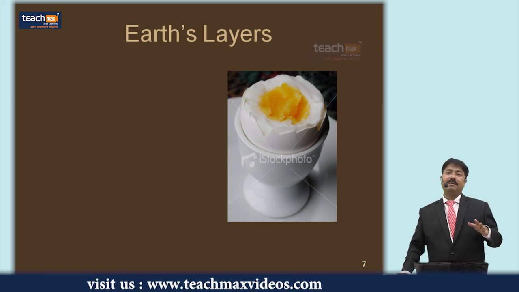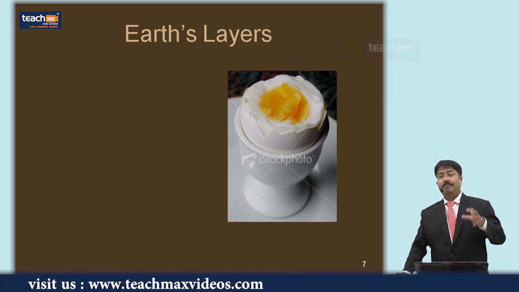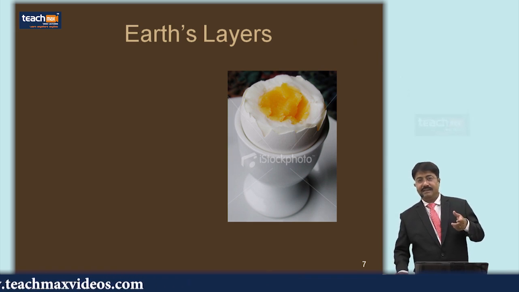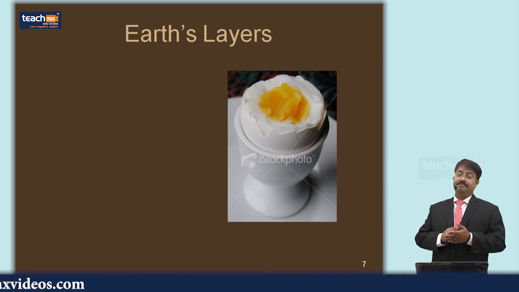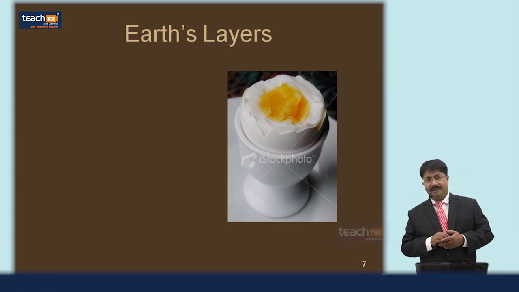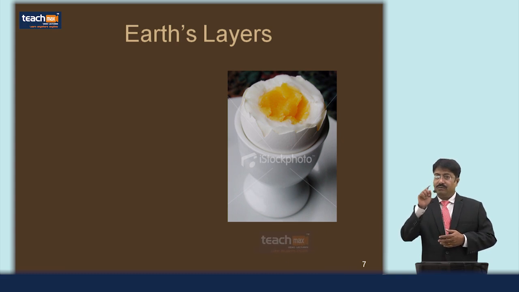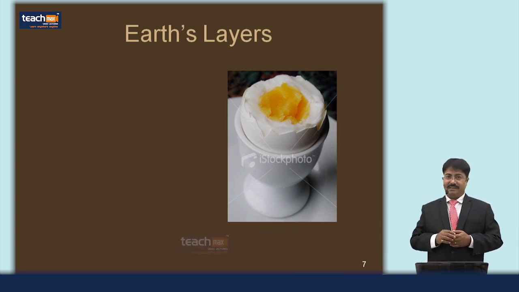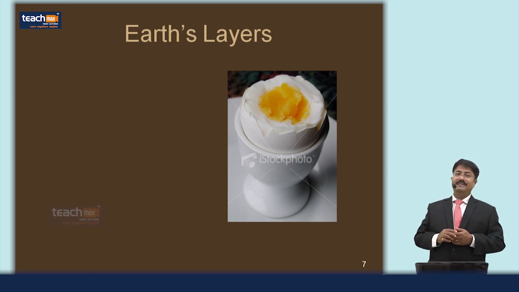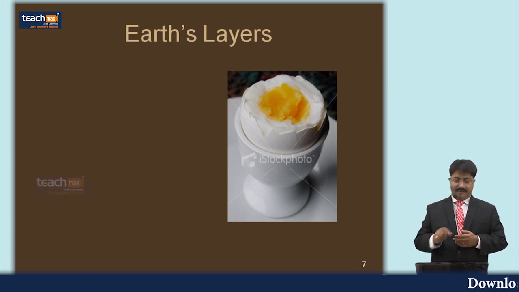The best example for understanding the Earth is a boiled egg. When an egg of a hen is boiled, the outer part is purely solid, whereas below the solid part is the bulk.